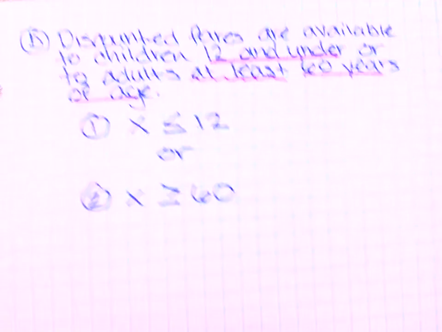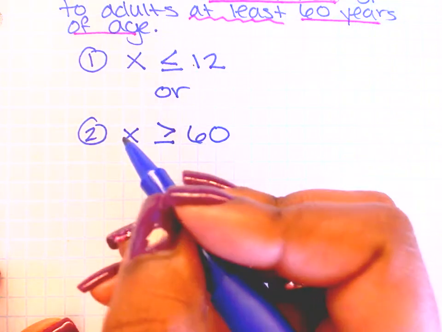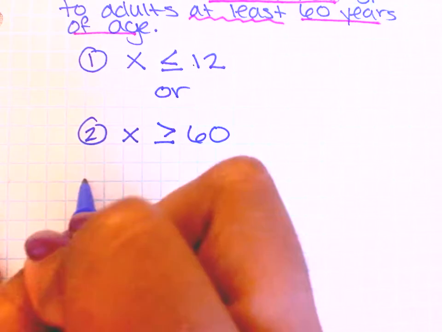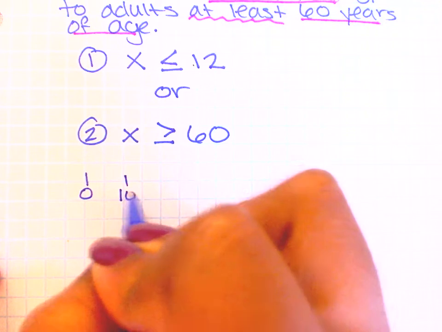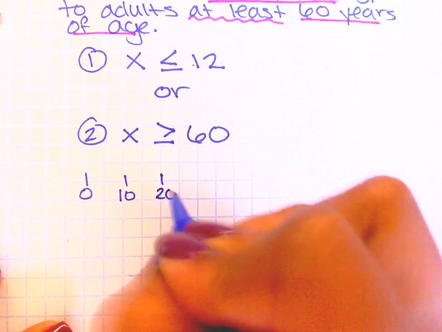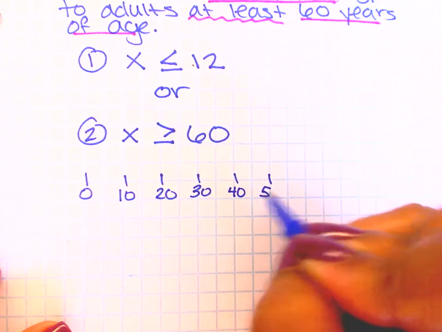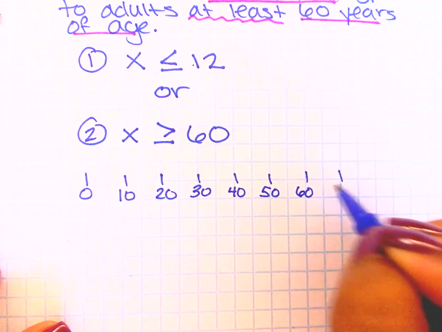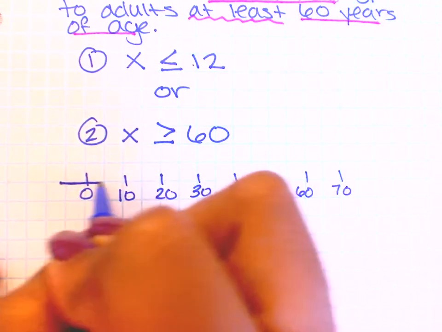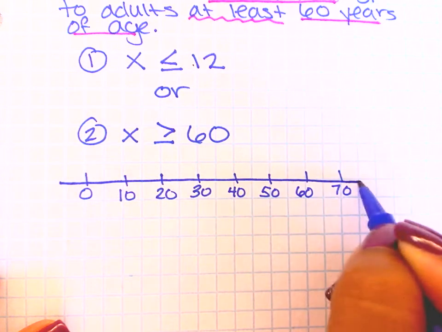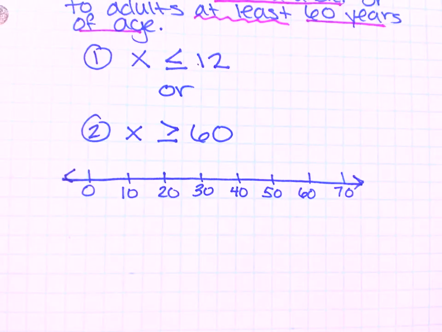Okay, so now that I've written these two inequalities, I can graph them. I'm going to graph by 10. So I'm going to go 0, 10, 20, 30, 40, 50, 60, 70. Draw your graph, please.